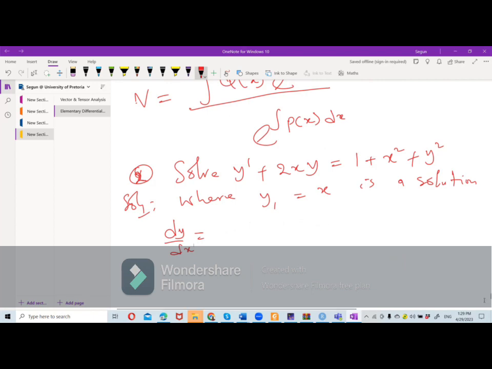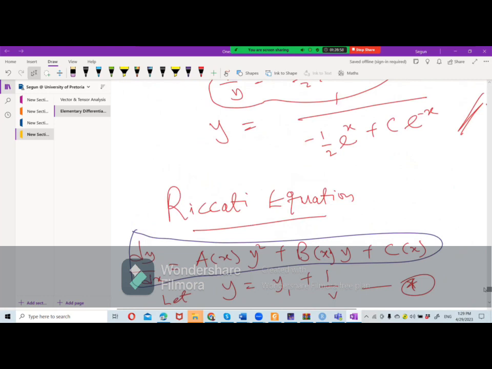Look at the nature of the Riccati equation. The nature says dy/dx equals a of x times y squared, plus b of x times y, plus c of x. So you must first of all form this equation before you even start solving it. That is where I'm going.